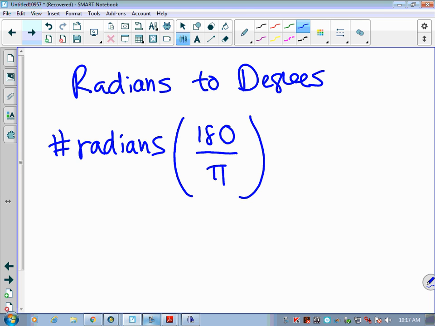And the reason that 180 and pi are there is because we're getting an equivalent, and pi is equal to 180. So this is essentially like multiplying by 1. All it's doing is changing the form.